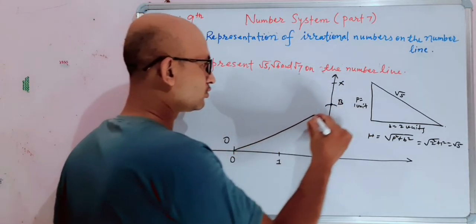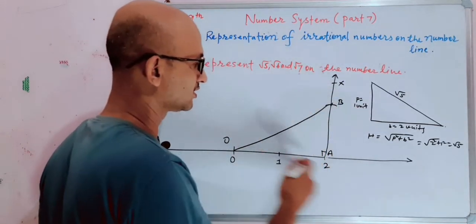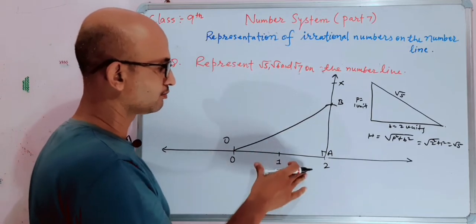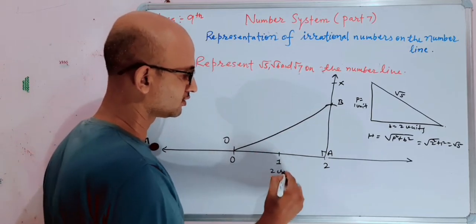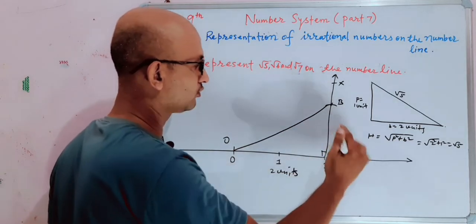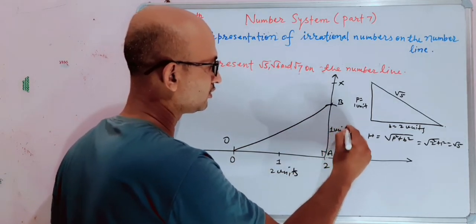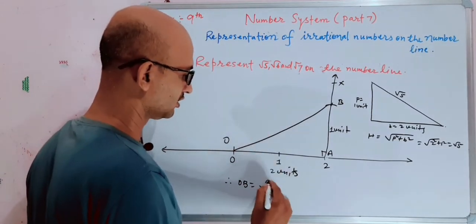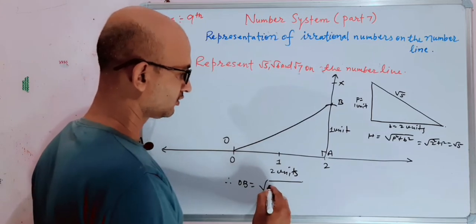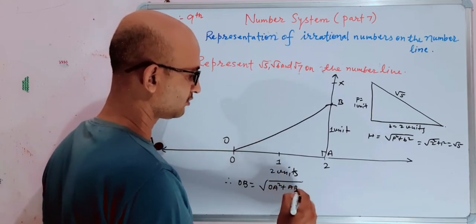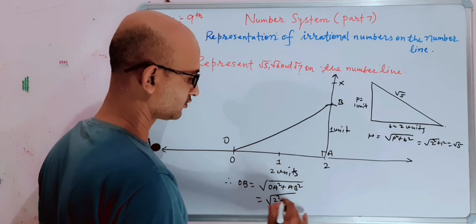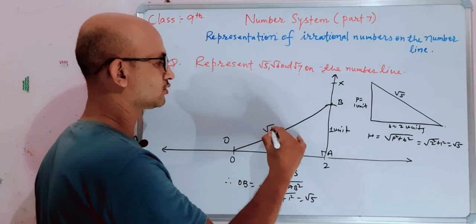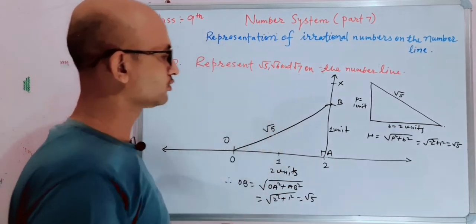Now we join O to B. We obtain a right angle triangle OAB in which base OA is 2 units and perpendicular AB is 1 unit. Therefore, by Pythagoras theorem, hypotenuse OB is equal to the square root of OA square plus AB square, that is, the square root of 2 square plus 1 square. That is, we get OB equals root 5.